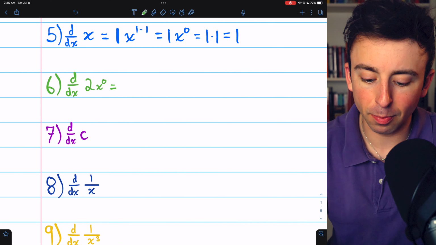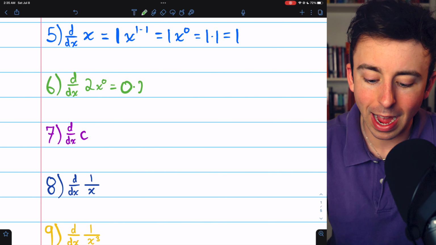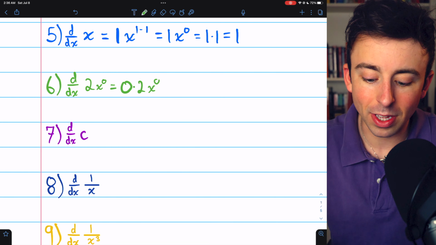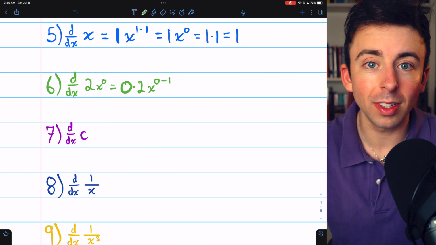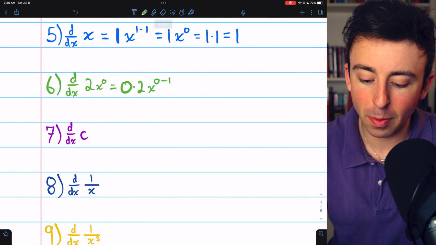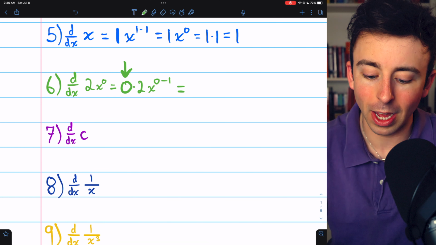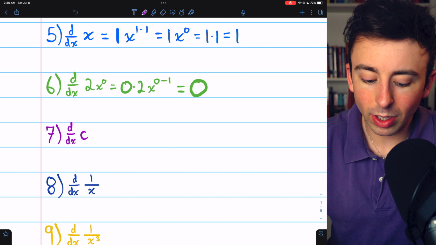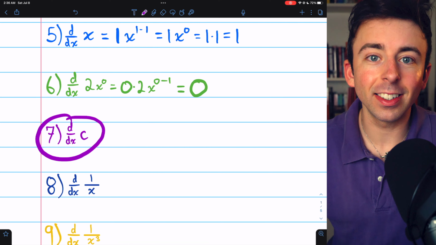We could take that exponent of 0 down in front as a factor, so it's 0 times 2x to the 0 minus 1. We have to reduce the exponent by 1, and 2x to the 0 minus 1 doesn't really matter what that is because it's getting multiplied by 0. So what's the answer? It's 0. In general, what's the derivative of any constant c?